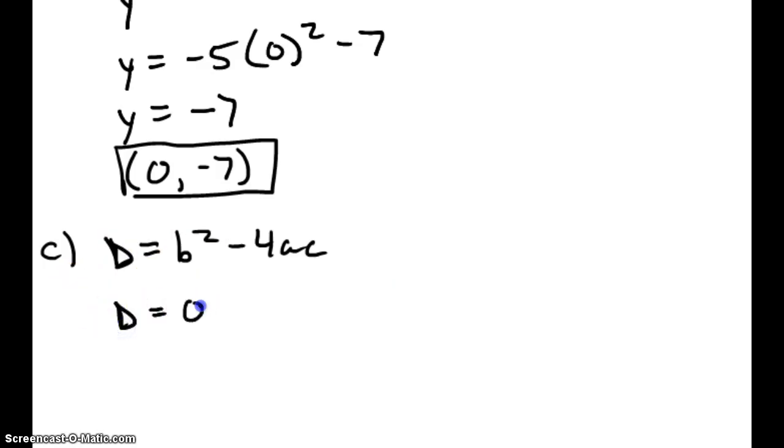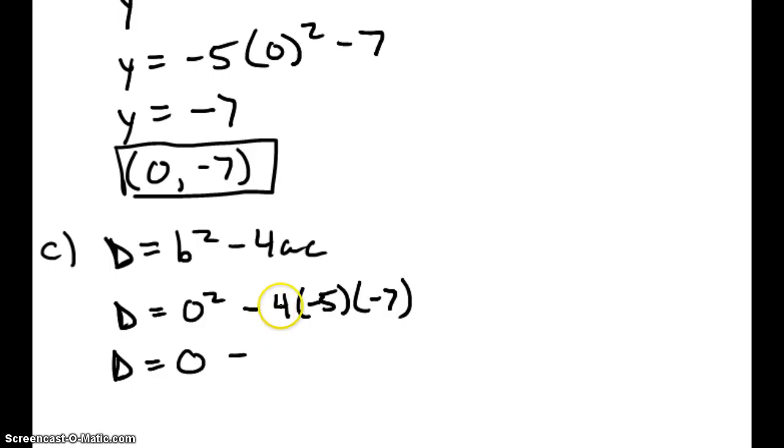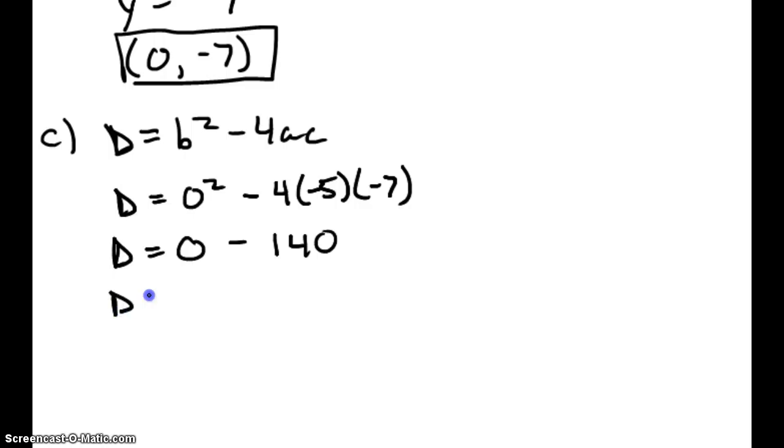So d is equal to 0 squared minus 4 times negative 5 times negative 7. And that gives me that d is equal to 0 squared is 0 minus, let's double check this sign. This is going to be 140. And negative times a negative is a positive, times another negative is a negative. So that gives me that d is equal to negative 140.